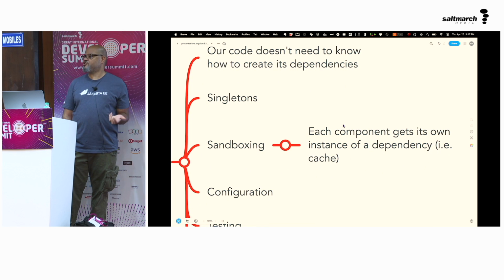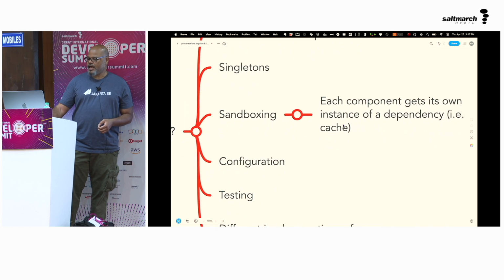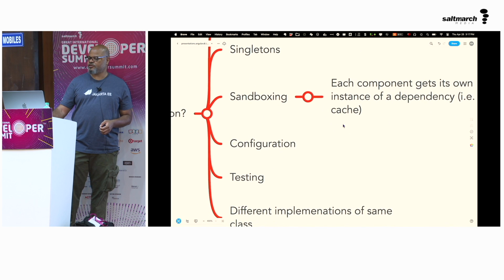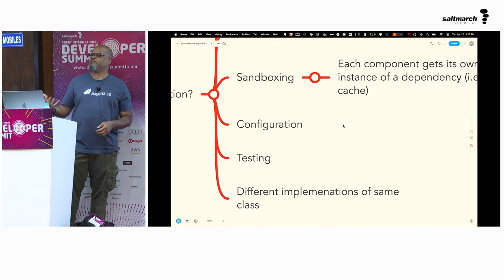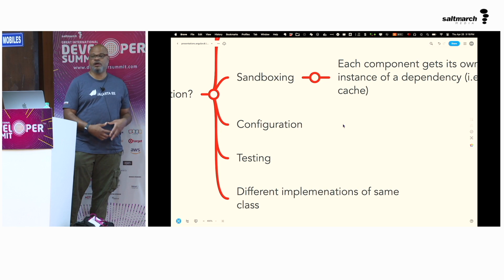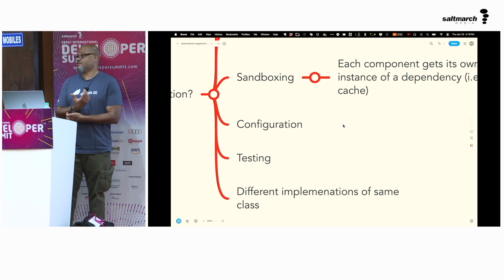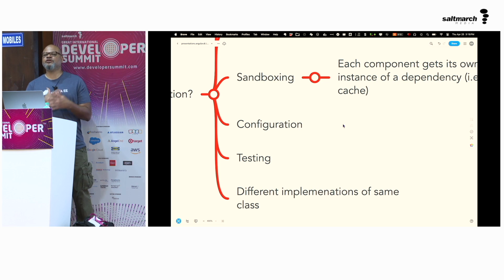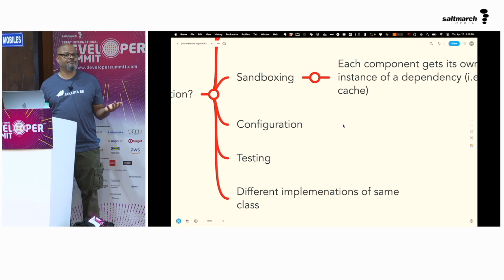You can do all your configuration and then inject that configuration into different components, okay? And of course, testing. You might want to have a different implementation of a service that's for testing. You want to mock things. So it's really great for that kind of stuff, okay? Because you're not creating the object manually, you're letting the framework do it, you have the flexibility to do that, okay?